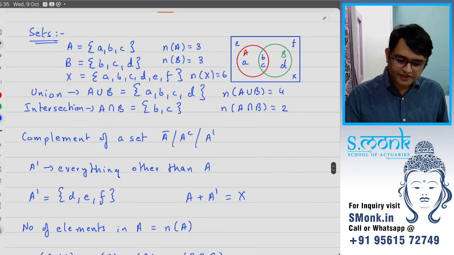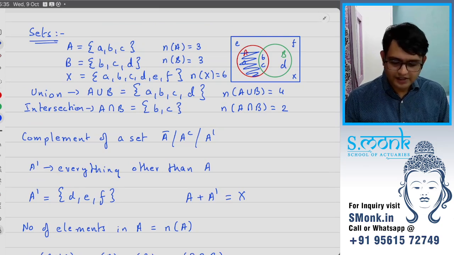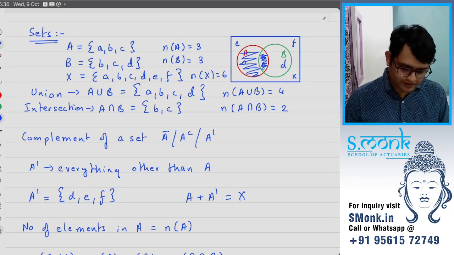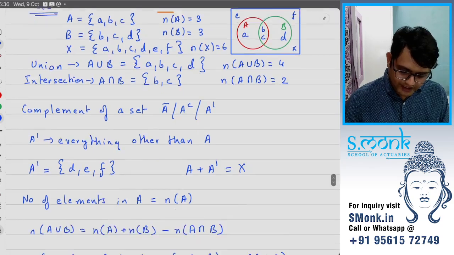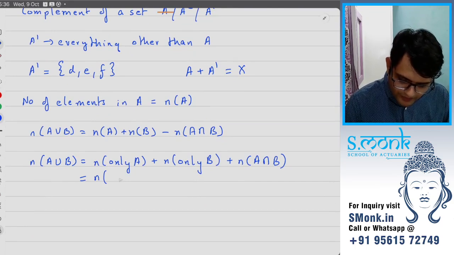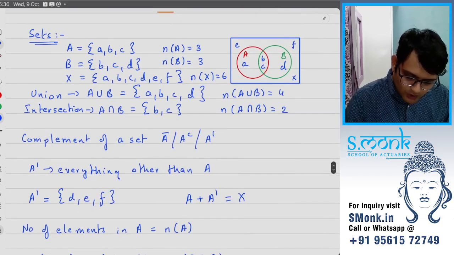So how do I define this only A, this portion? You can see it is A, but it does not have B in it. Anything that is contained in B is not part of it. One more thing: union is similar to or, and intersection is similar to and.